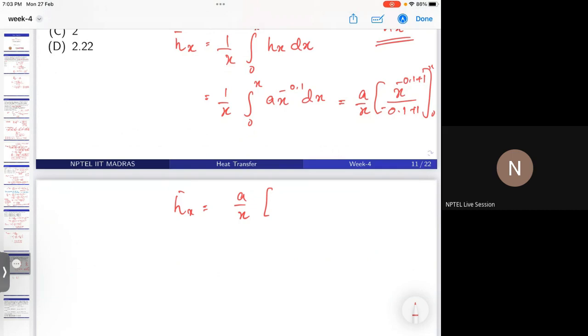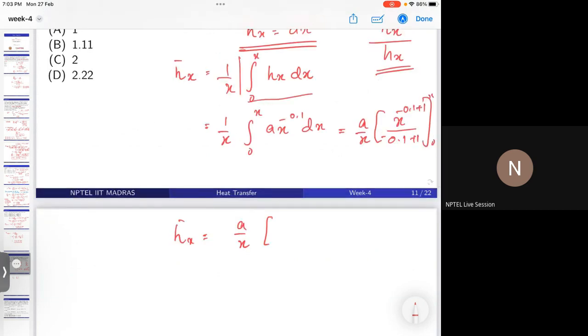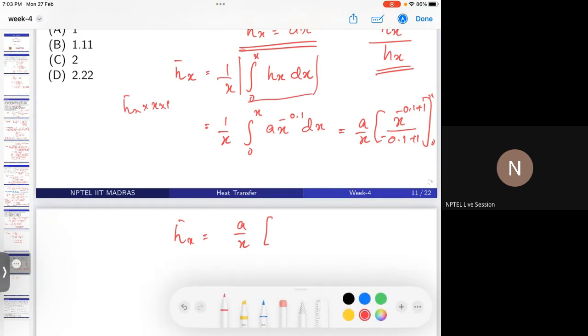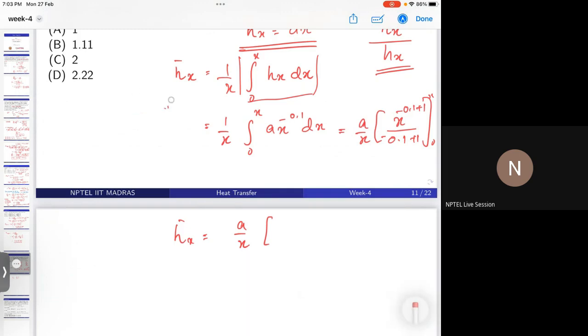So integral 0 to x of hx into the area dA. What is dA here? It's a flat plate, so dx, the elemental length, into the one. That's how this part came. This is the average heat transfer coefficient, so it is h bar x into x, up to that length, into 1. So we are bringing this x down. That's all. I hope it is clear now.